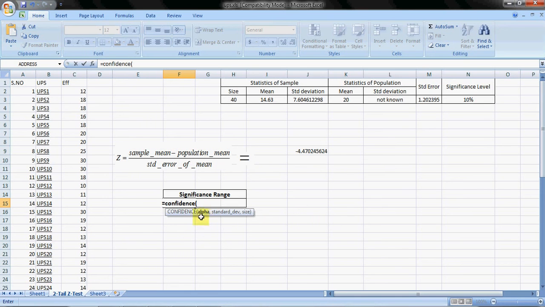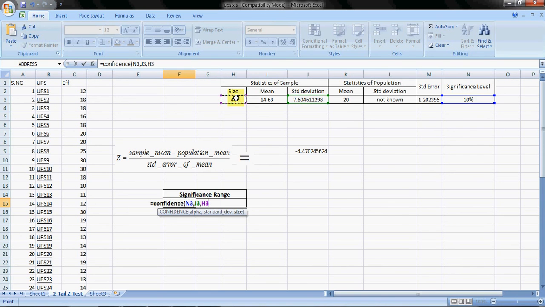Now you can see the help of this formula: you get alpha. Alpha is the significance level. You can get the value from N3. Then the standard deviation of the sample, that is 7.06, we are taking from here. And the size of the sample, here it is.